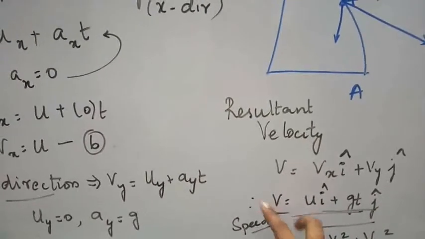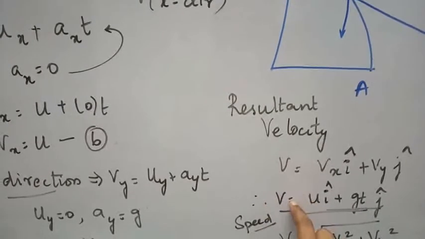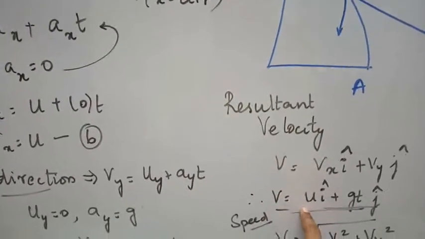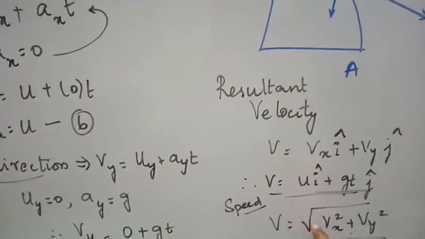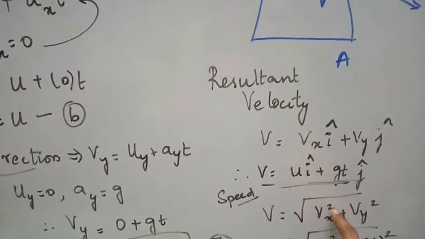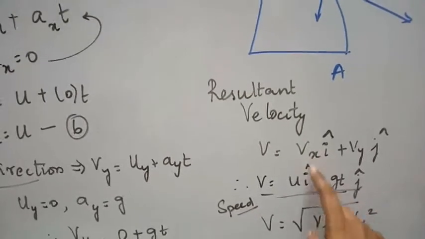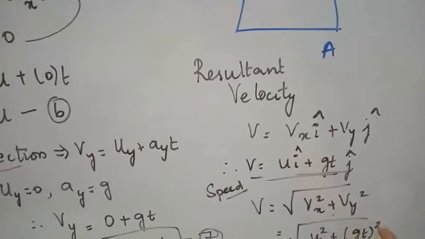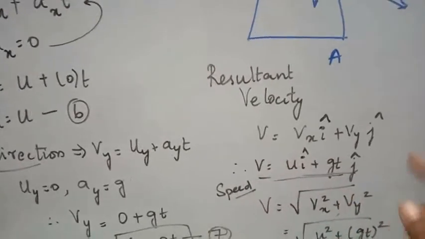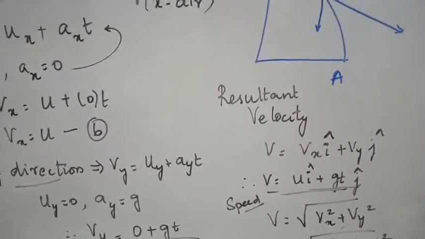When you go for the modulus value, that is only the magnitude value from this velocity, you will get speed. So the magnitude is simply root of Vx square plus Vy square. Vx is u. So root of u square plus gt the whole square, which is the speed value from this velocity.